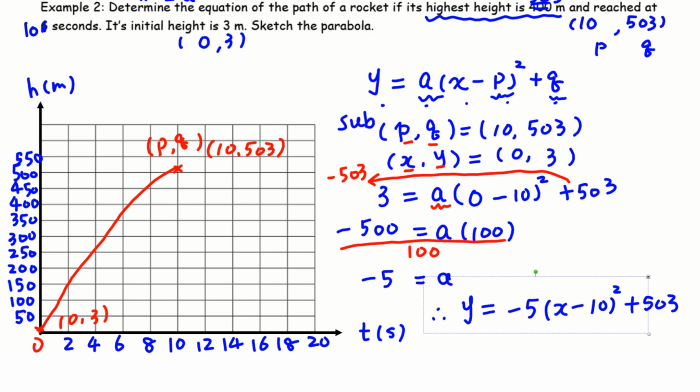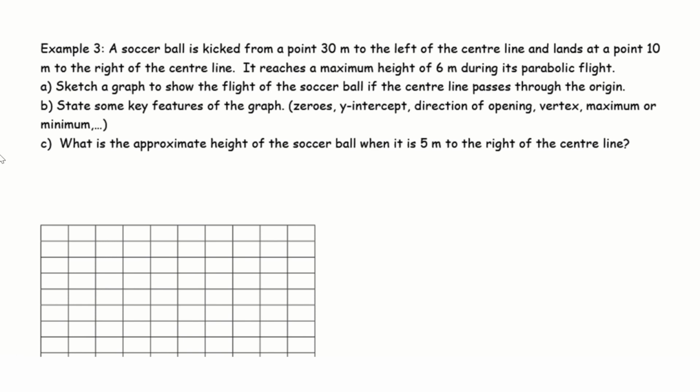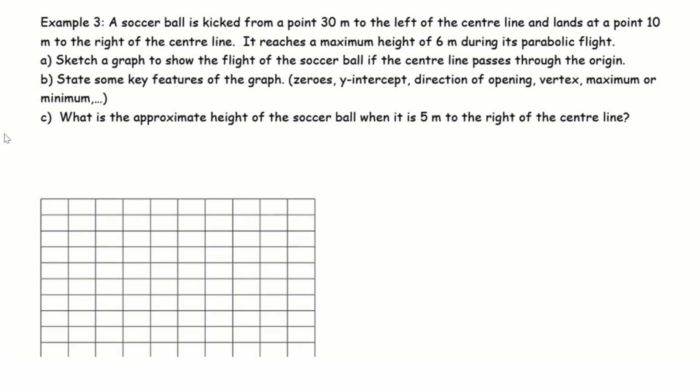Okay. So the next question is: a soccer ball is kicked from a point 30 meters to the left of the center line, and lands at a point 10 meters to the right of the center line. It reaches a maximum height of 6 meters during its parabolic flight.